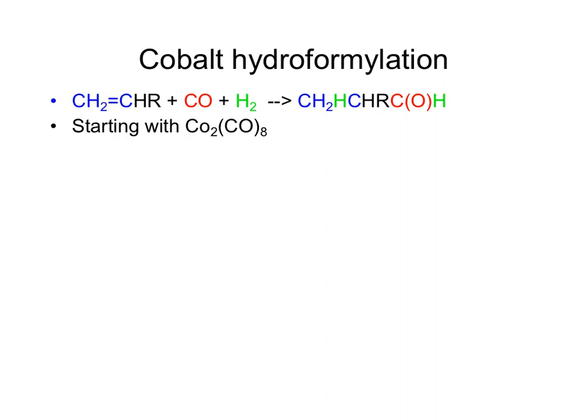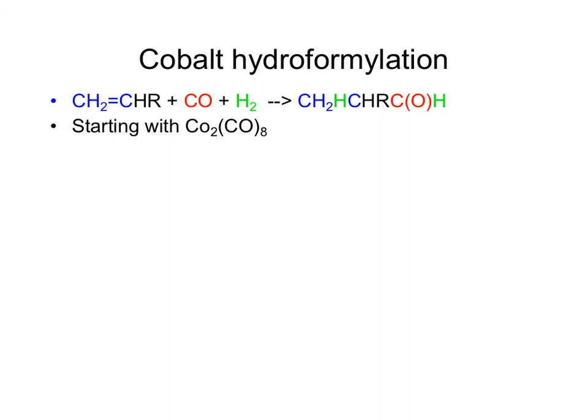The active catalyst for this reaction is dicobalt octacarbonyl. This is an 18 electron cobalt carbonyl. 18 electron compounds are not very likely to be very reactive, so it doesn't seem like that's going to be a good active catalyst, and it's not.